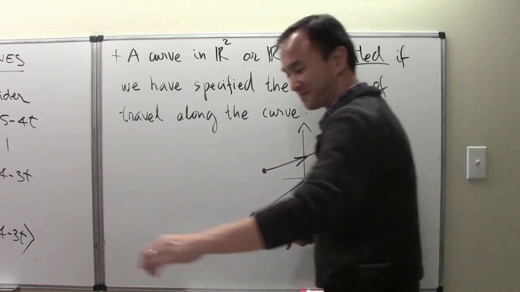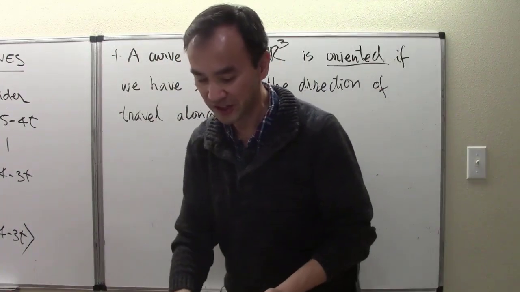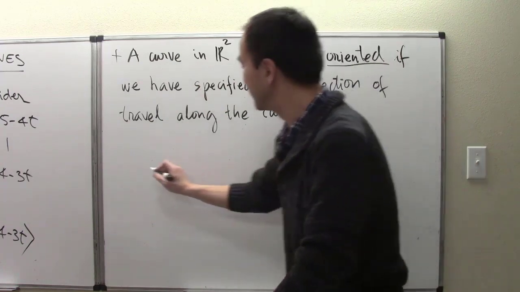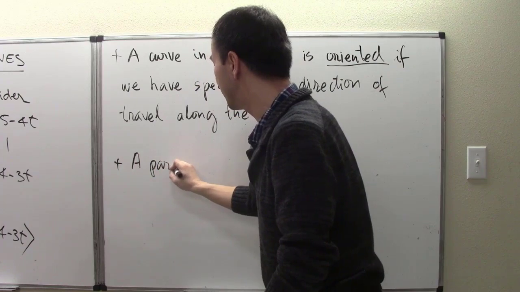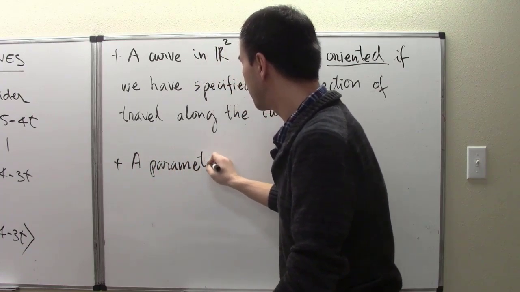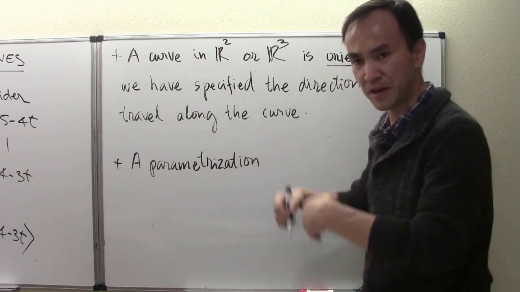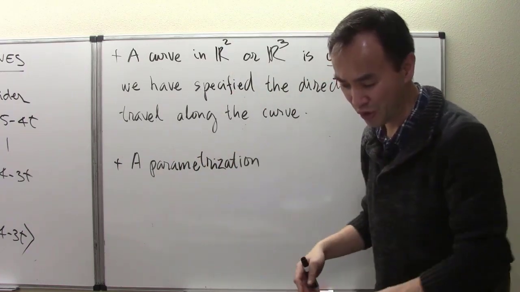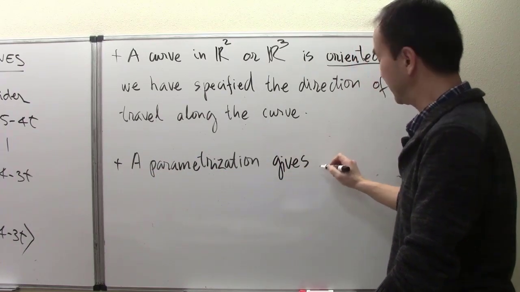And then further from what we have investigated previously, a parameterization, a set of parametric equations that described our motion right there, gives an orientation.